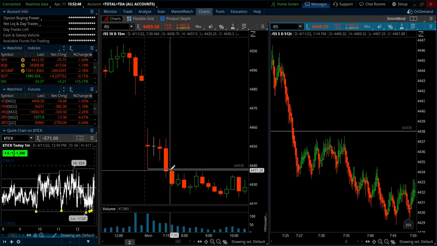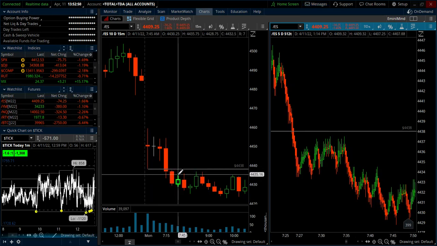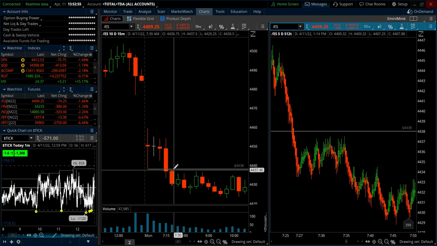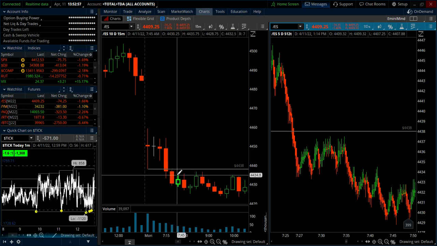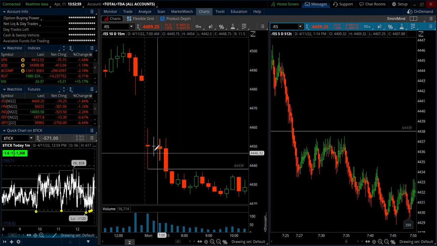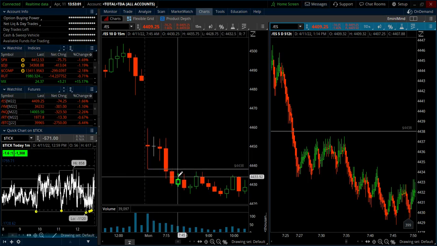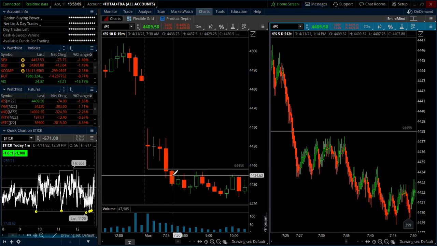And then as we started drifting lower, by the time we got to this green candle and the next candle formed, I was able to start bringing the stop down. So 1, 2, 3, 4, 5, when the sixth candle formed, the high of the prior bar was the entry price, 4437.75.